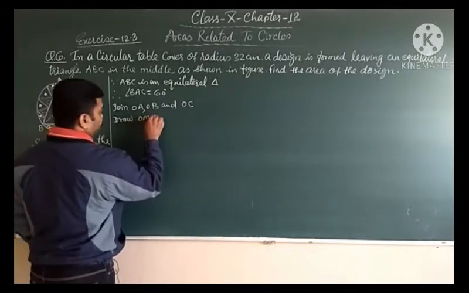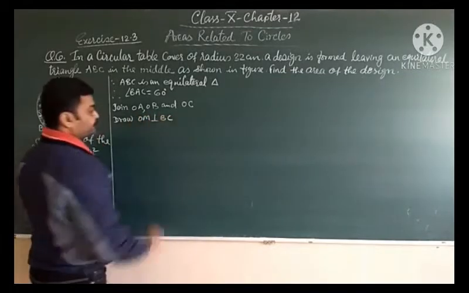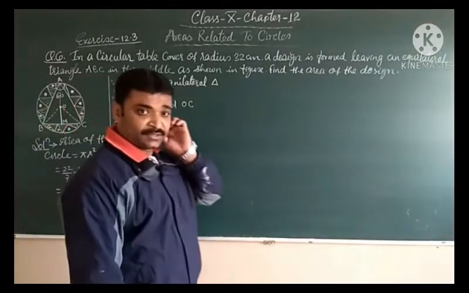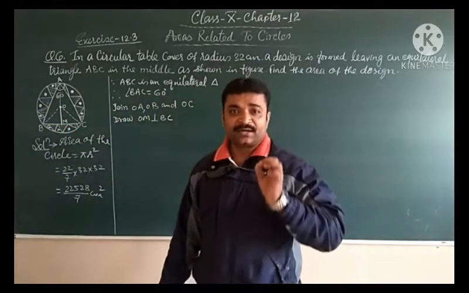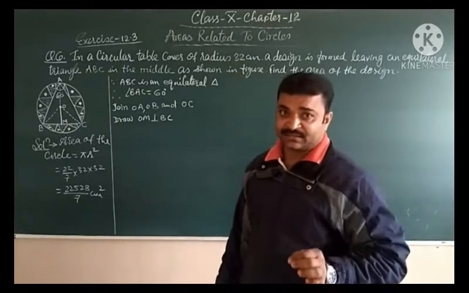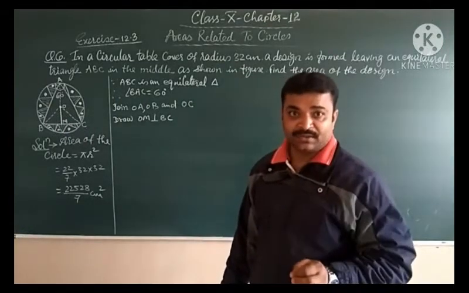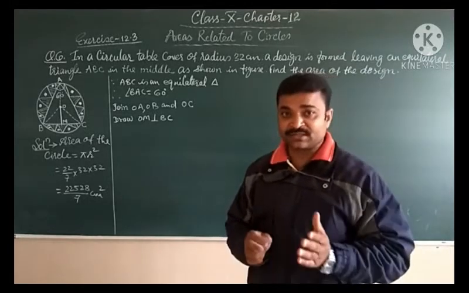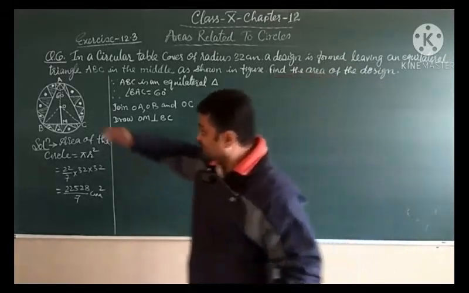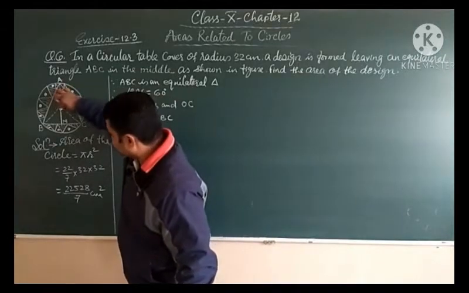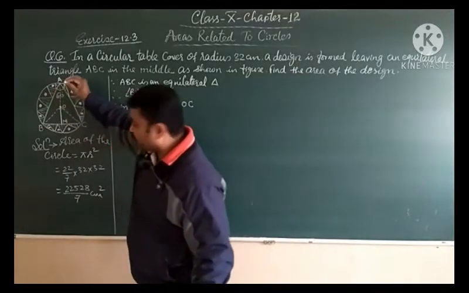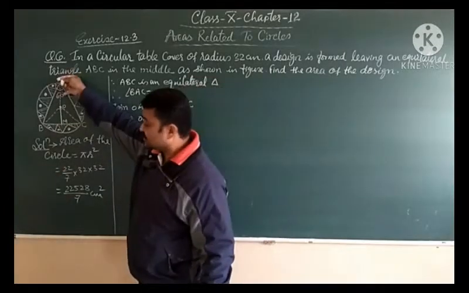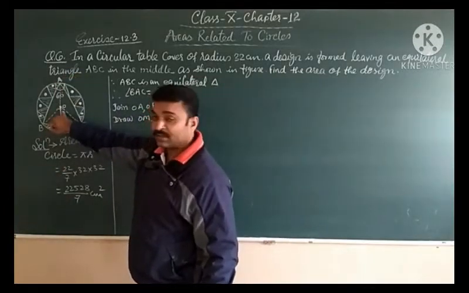OM perpendicular to BC. Students, we know that the angle subtended by an arc at the center is double the angle subtended by it in the remaining part of the circle. That means this angle BOC will become 120 degree, because here it is 60 degree, double at the center.